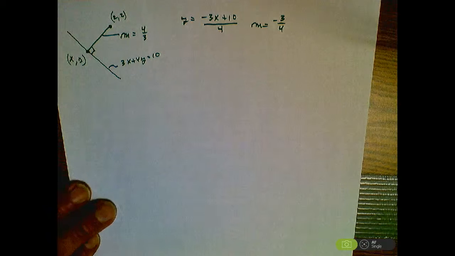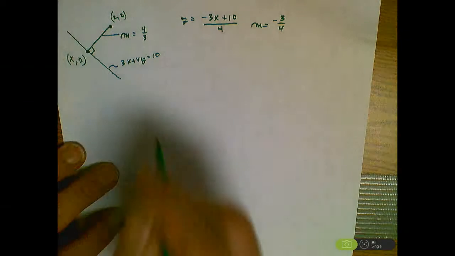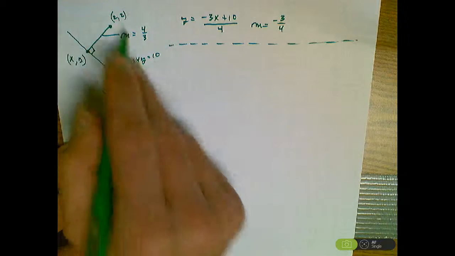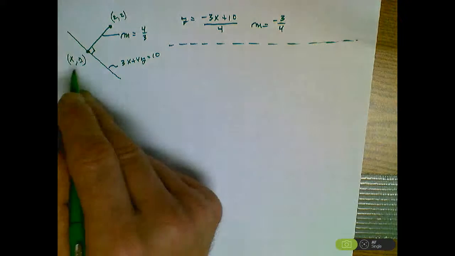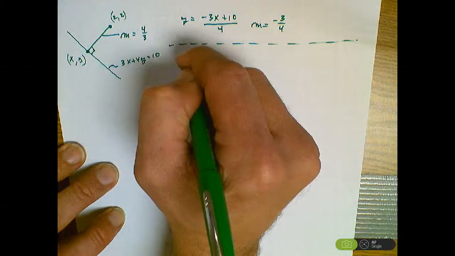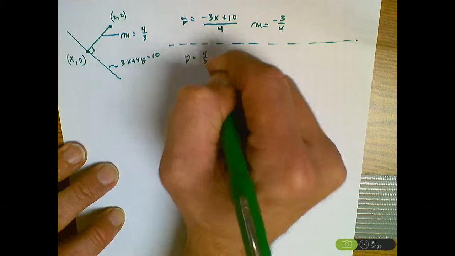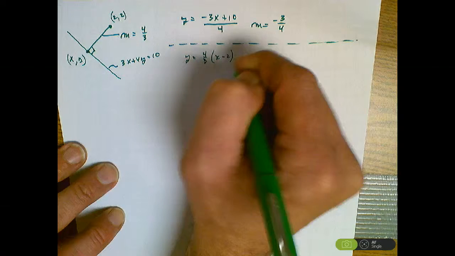Now that we have that, let's use the point slope form of the line to find the line equation for the segment. Therefore, we have y is equal to 4/3 times x minus 2, plus 2.